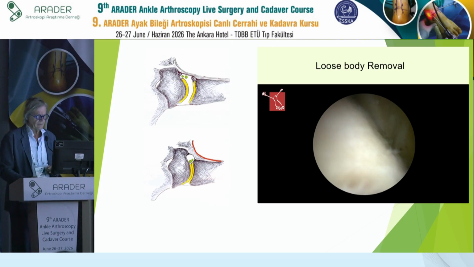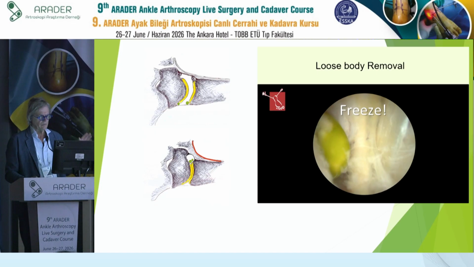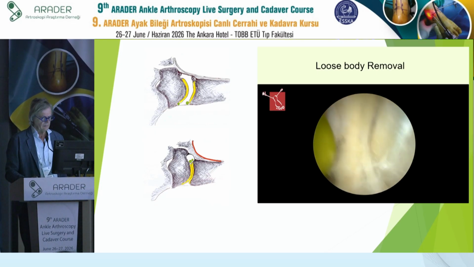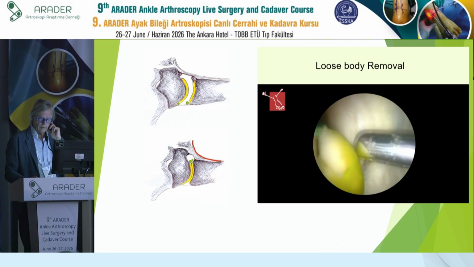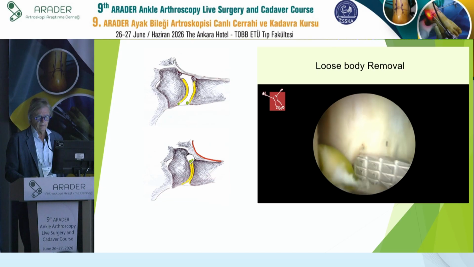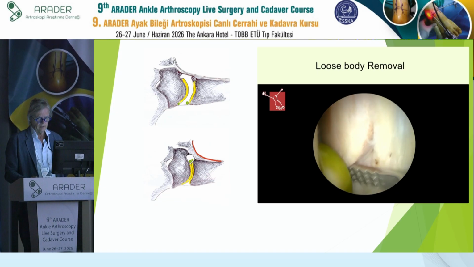Loose body removal, I showed you before. If you see a loose body, freeze. Don't move, stop the inflow, because else it is gone. And then you have to decide, how am I going to remove it? What I want to tell you is that once you have grabbed your loose body, check how you have grabbed it.